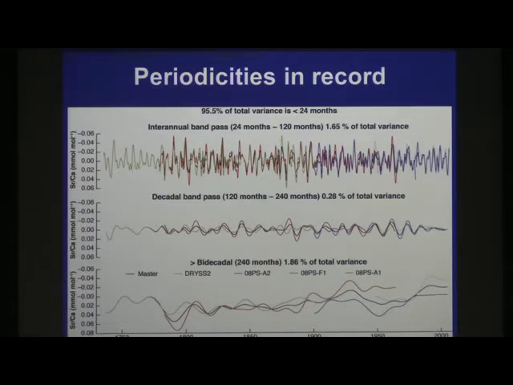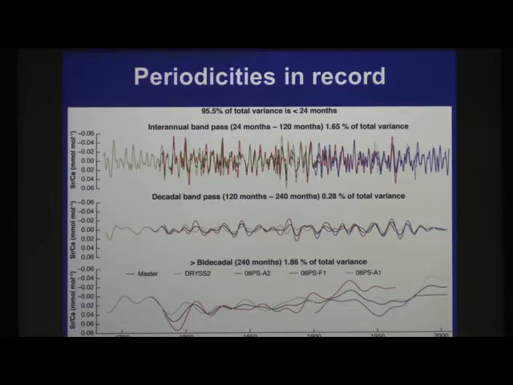The amount of variance below 24 months, or 2 years, is 95.5% of all the variance in the record. The interannual band has the largest percentage of variance outside the annual band, 1.65. Our decadal band has very little variance, and our bidecadal band has 1.86.